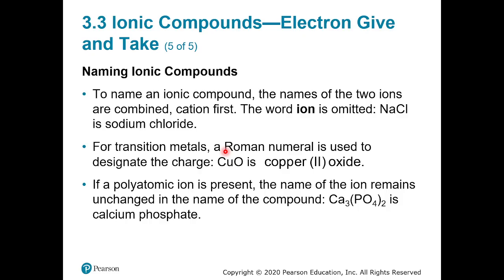So oxygen is -2, it wants to gain 2 electrons. Sulfur typically wants to gain 2 electrons, doesn't it? How about nitrogen? -3, right? Wants to go over 3 spots.